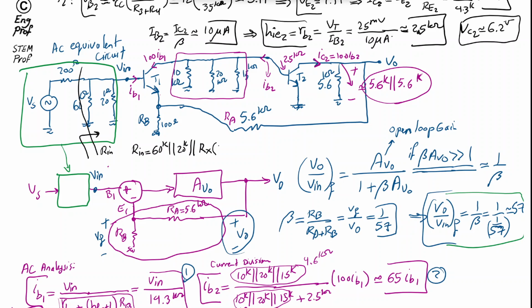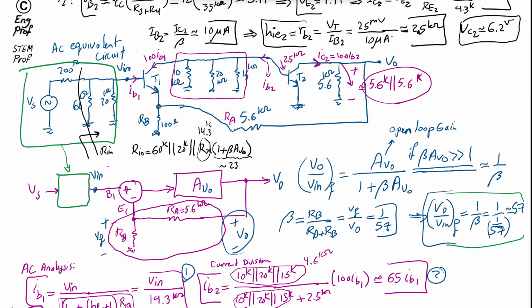So it will be Rx times (1 plus beta AV open loop). This guy is 14.3, and this thing we just found to be 23 roughly. So 23 times 14.3 gives us on the order of 300 kilo ohm.